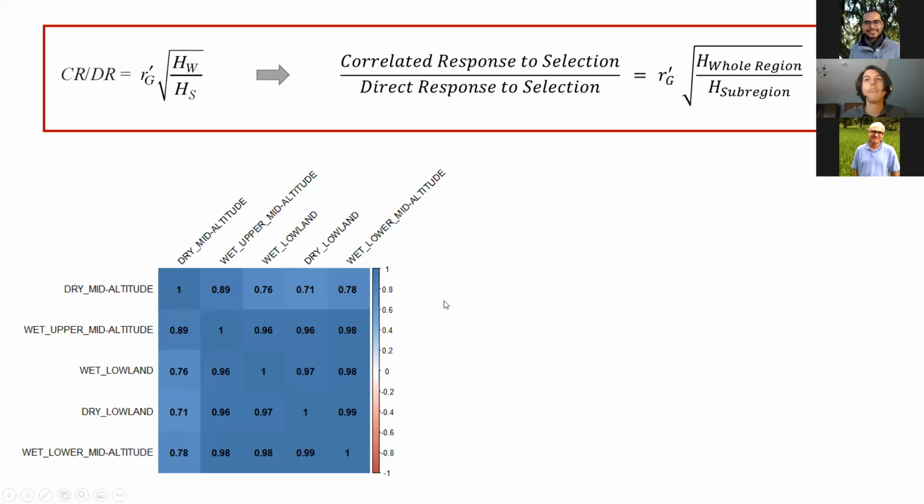As we said, we excluded the random noise, and the fixed component that is responsible for G/E interaction is pretty well controlled. We see that there's really high genetic correlations between the optimal trials conducted in the different 5 subregions.